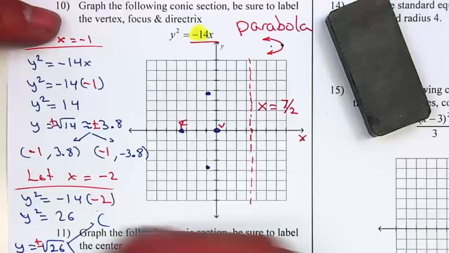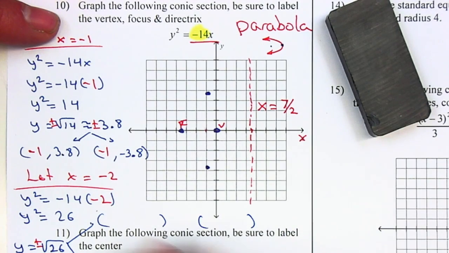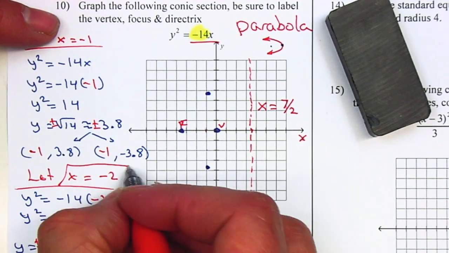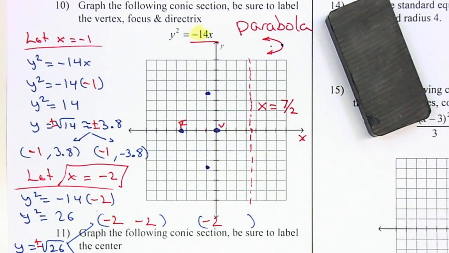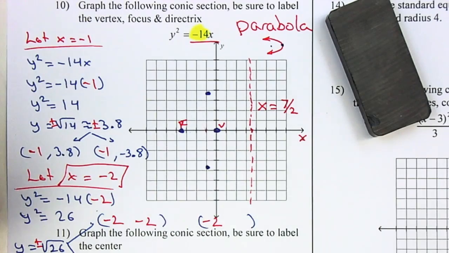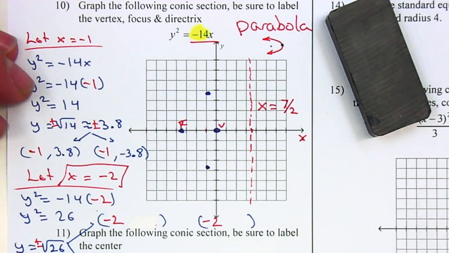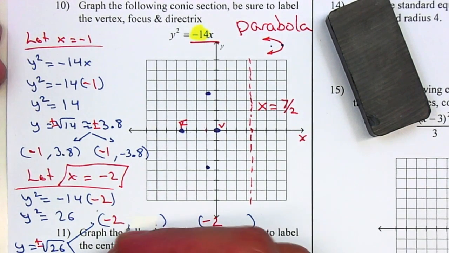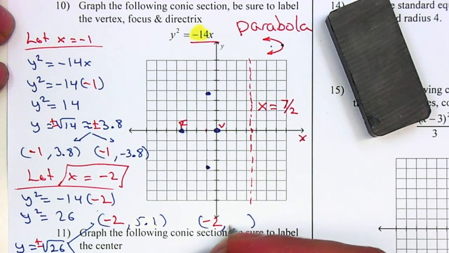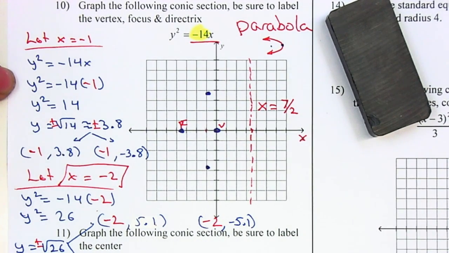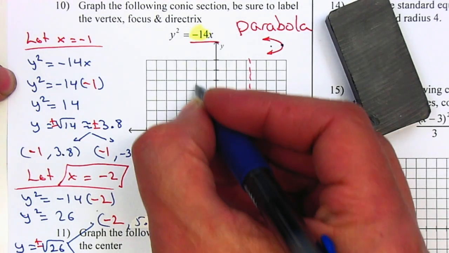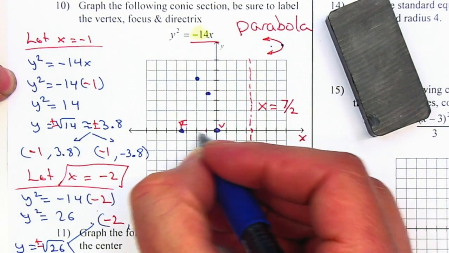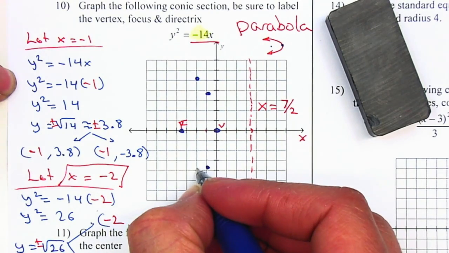So I'm going to get 2 points. Both of them, the x value will be -2. The y value, one of them will be 5.3, the other one will be -5.3. So I'm going to go -2 and up 1, 2, 3, 4, 5.3, and -2 and down 5.3.